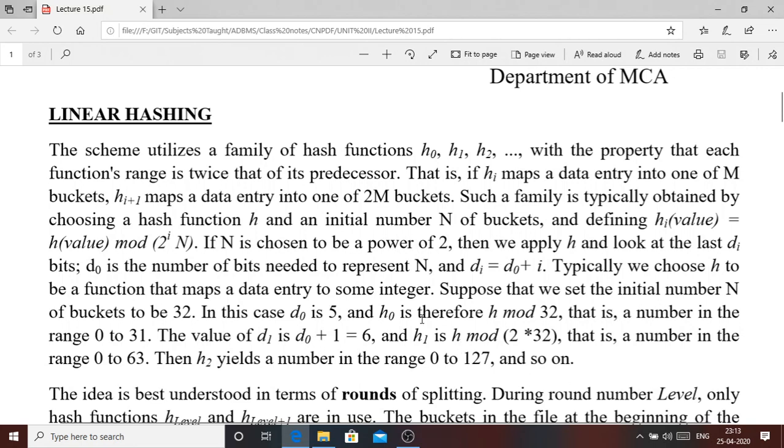So h0 is then h mod 32. Why h mod 32? Because the 32 values range from 0 to 31. So if you use mod 32, each of the numbers is uniquely identified, right?